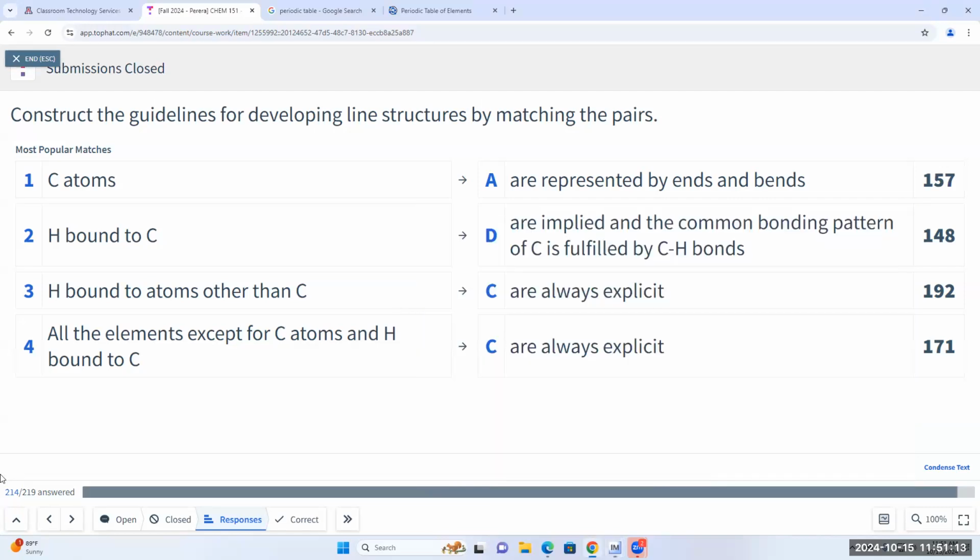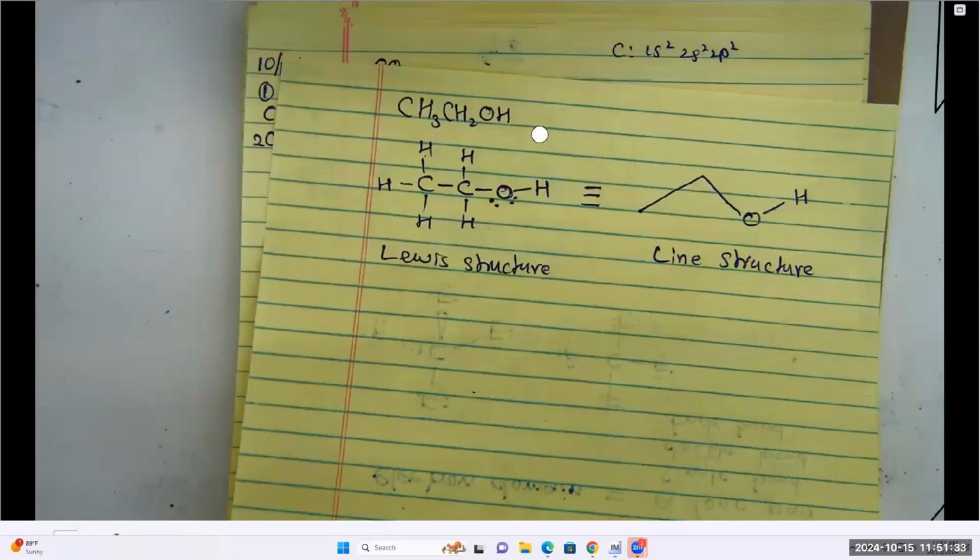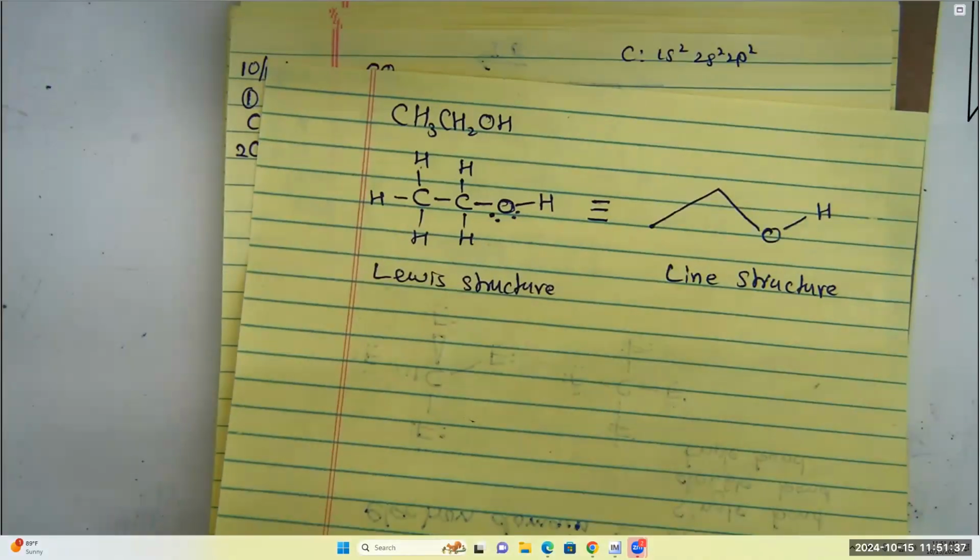That is not implied. That should be explicit. All the other elements, like oxygen, fluorine, nitrogen, or any other element than carbon, and hydrogen bonded to carbon, you need to write out. Those are the rules we can use to draw line structures.